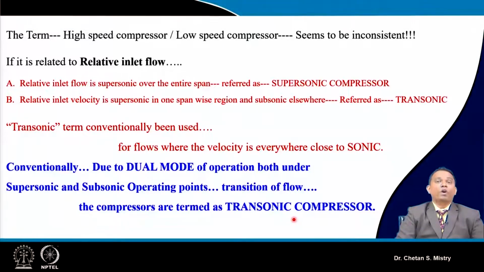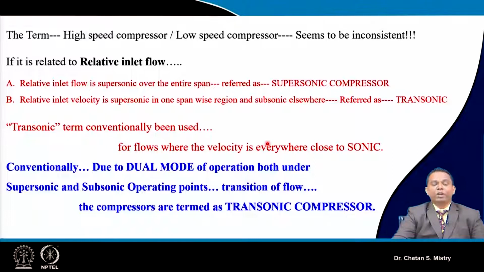In order to avoid that confusion, we consider the relative inlet flow as a reference. If my relative inlet flow is supersonic over the entire span of the blade, that is defined as a supersonic compressor. So if my flow is supersonic throughout the span, we can call it a supersonic compressor.